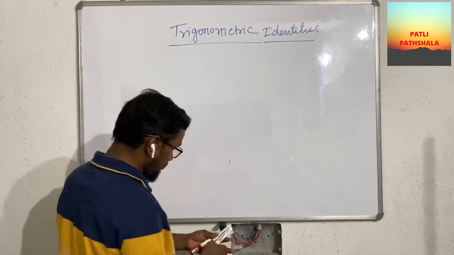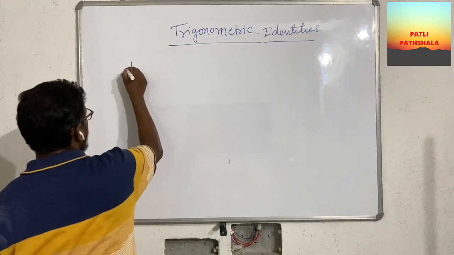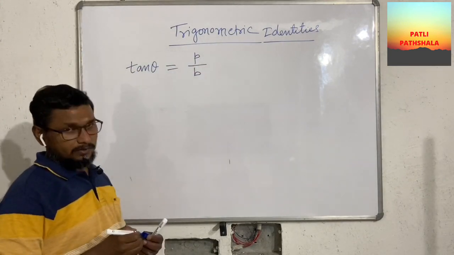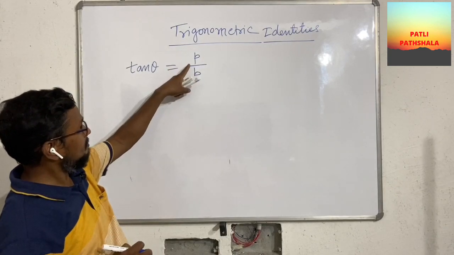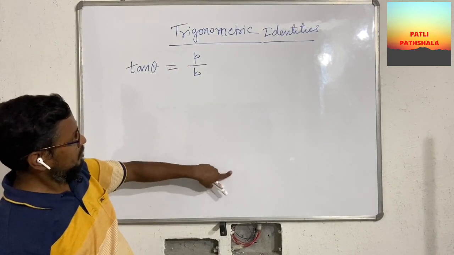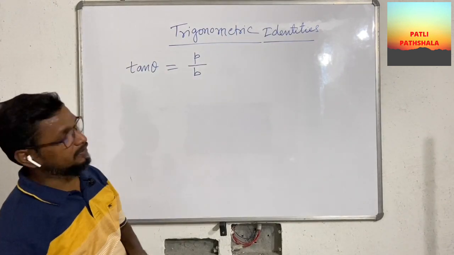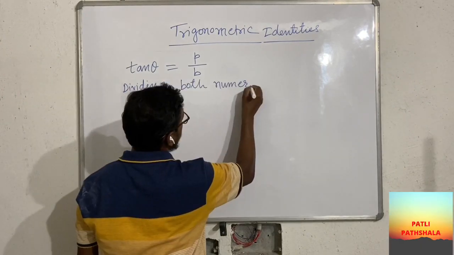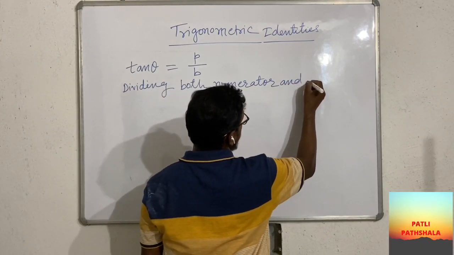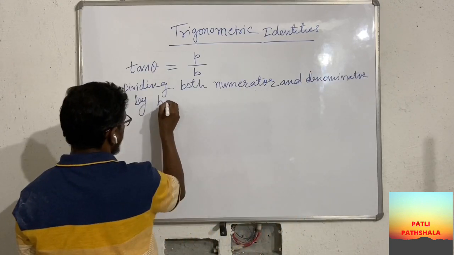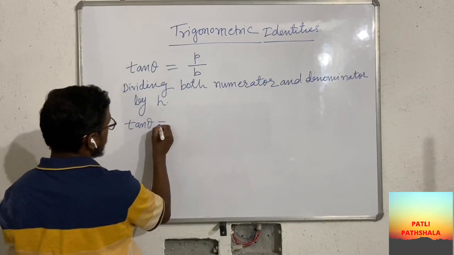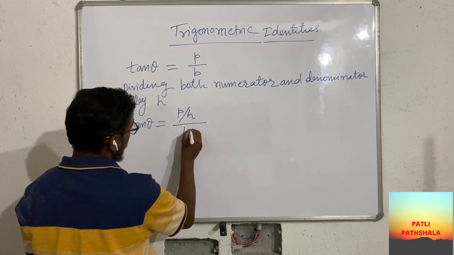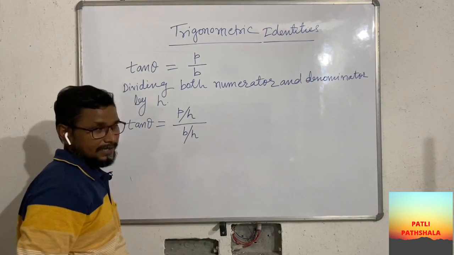For the next identity, let us recall the value of tan theta. Tan theta is equal to p by b, and now if we divide the perpendicular and base both by h, the hypotenuse, we get tan theta is equal to p by h, whole divided by b by h.